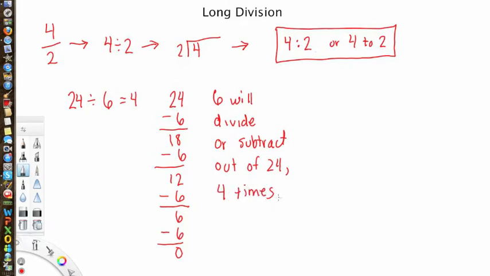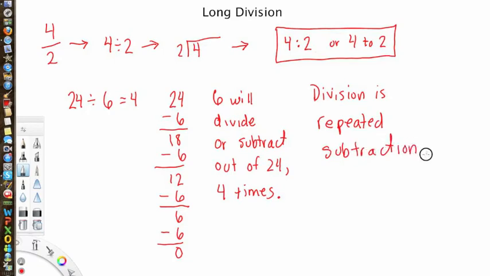Wow, that's pretty interesting. 4 times. So what we're really saying is division is repeated subtraction. Wow.